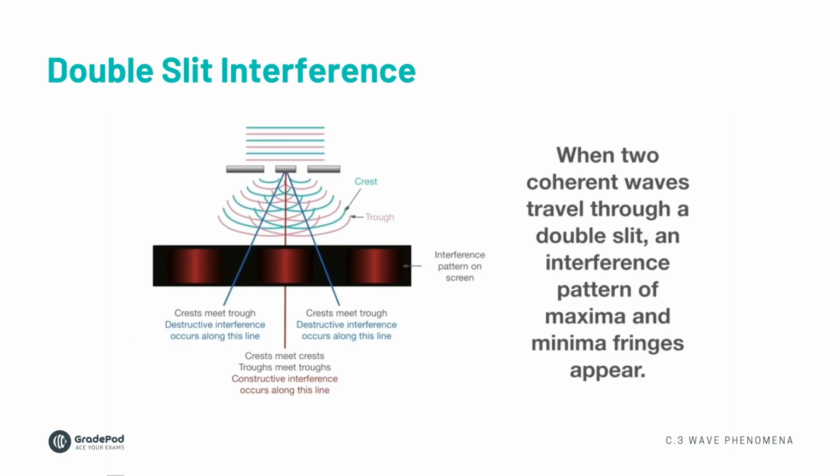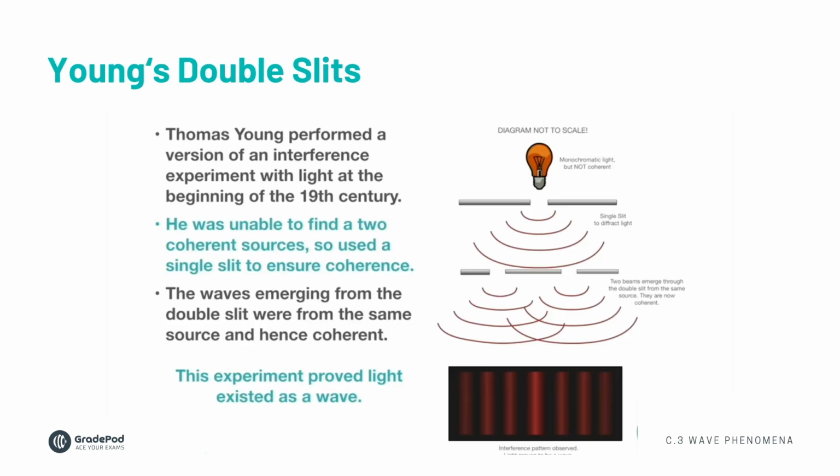This phenomenon was discovered by a scientist called Thomas Young, and his famous experiment is called Young's double slits. Thomas Young performed this experiment with light at the beginning of the 19th century, so a really long time ago. But he didn't have lasers then, and he didn't have coherent sources.